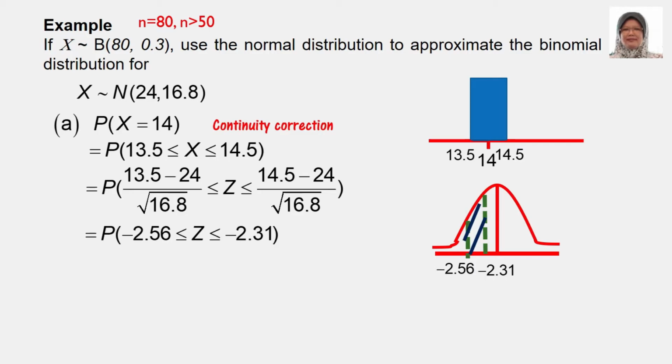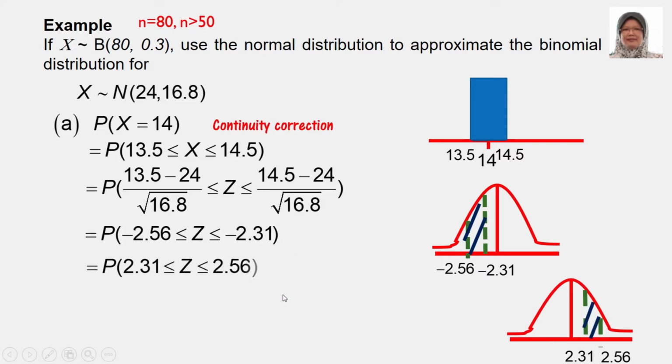This value is on the negative side, so we change to the positive side. So we write P(2.31 less than or equal to Z less than or equal to 2.56), and we take P(Z greater than 2.31) minus P(Z greater than 2.56) and read from the table.